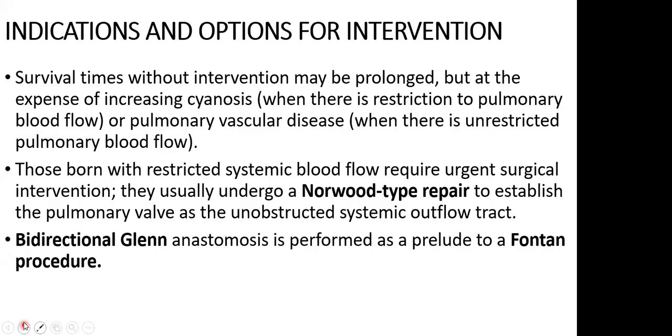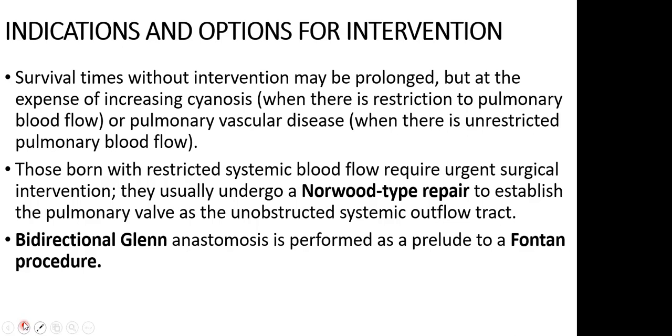The Norwood type of repair is an anastomosis of the pulmonary artery with the aorta, meaning that it makes sure that blood from the right side gets into the pulmonary vasculature, gets oxygenated, and is then sent into the systemic circulation to reduce the cyanotic effect that the patient has due to reduced oxygen concentration in the blood sent to the systemic circulation. So the Norwood type of repair is done at this point in time.